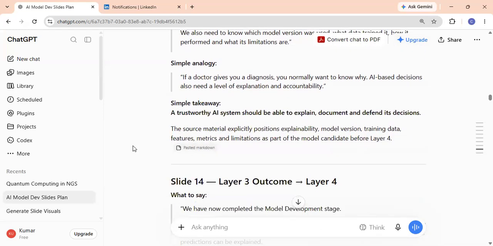A trustworthy AI system should be able to explain, document, and defend its decisions. So it needs to protect the decisions. For example, the model says I rejected this transaction. The reason is that the current IP is not found in the past logs, his previous log systems or devices, and that is why it was rejected.